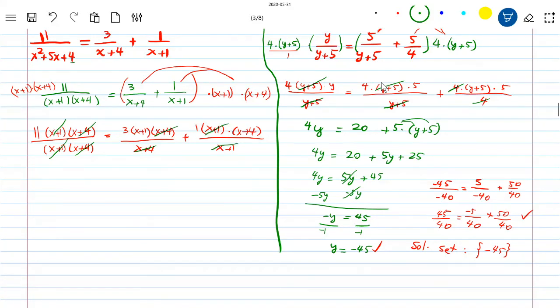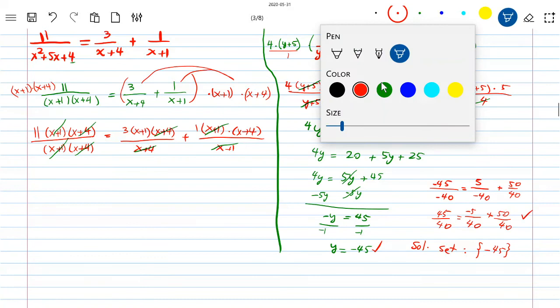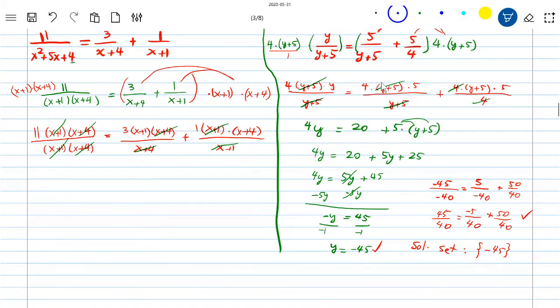Now you should see that there is no more denominator left. The whole purpose of this multiplication was to get rid of all the denominators. What is left from the first equation? It's only an 11. From the second equation, it is 3 times x plus 1. From the last equation, the 1 doesn't really matter, 1 times whatever is still x plus 4.